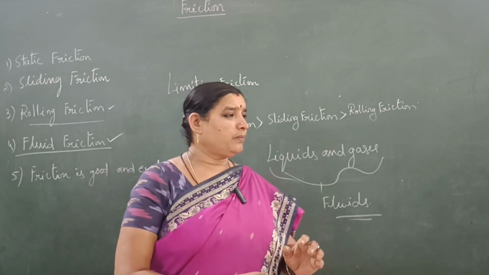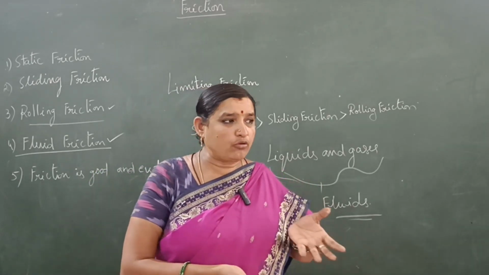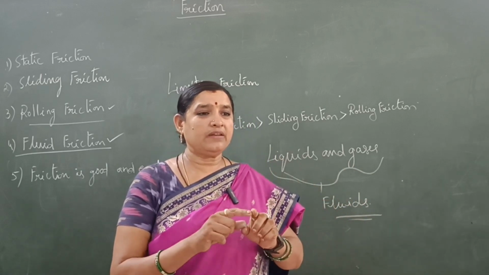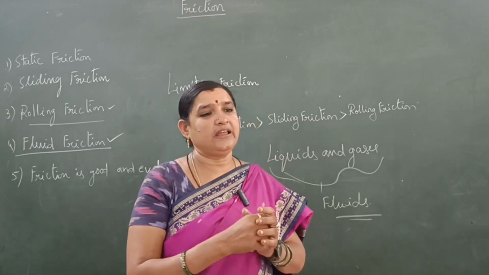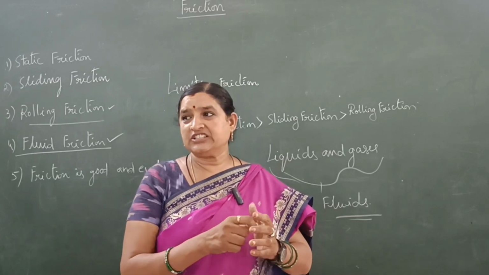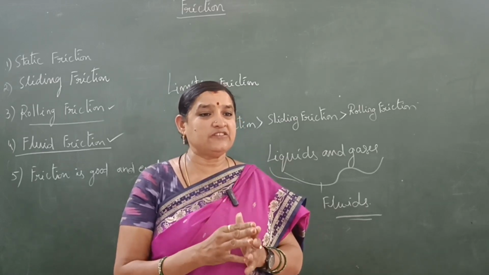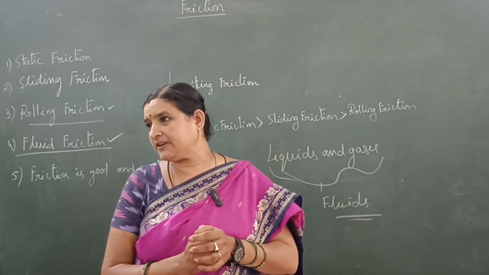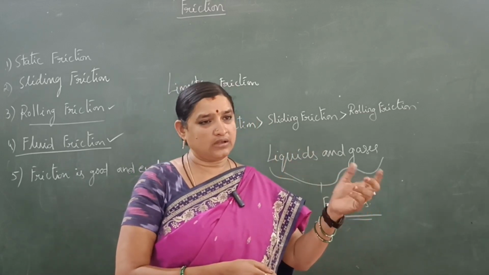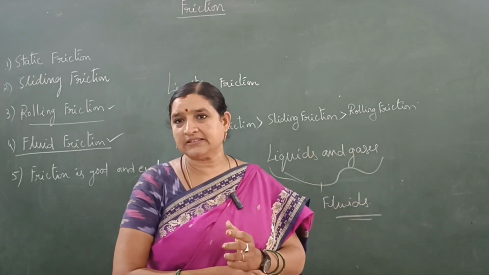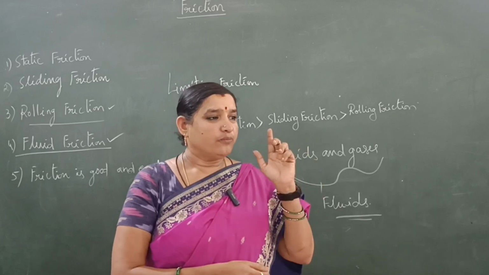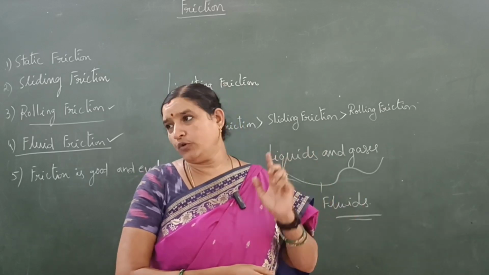We prepare the materials which have to move in liquid with the shape of a fish. Why? Because a streamline structure reduces the friction while moving in fluids. Whether in water, liquid or gases, when objects move, the shape decides the friction in the fluid.